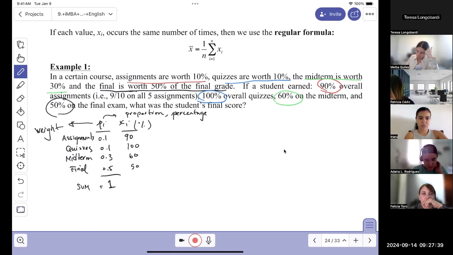All right, let's say we completely ignore this and we just take the values.